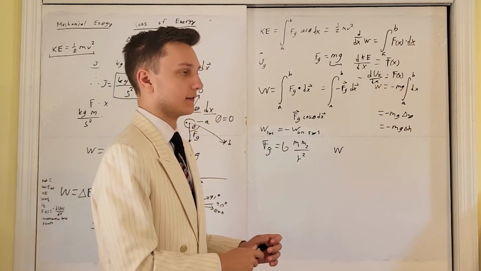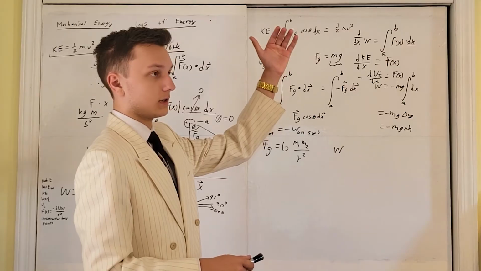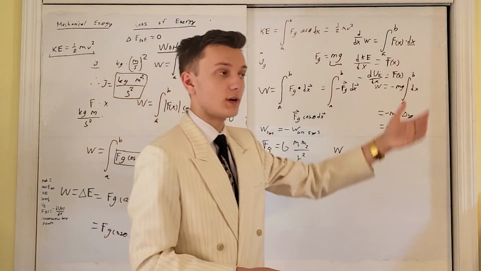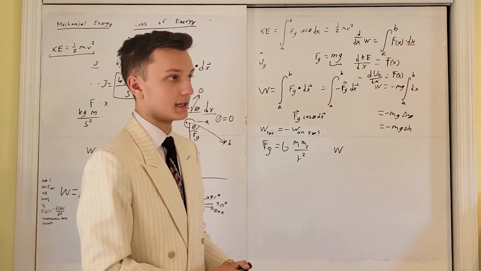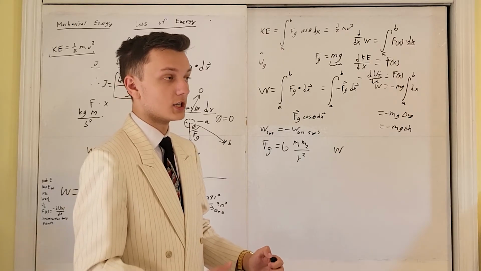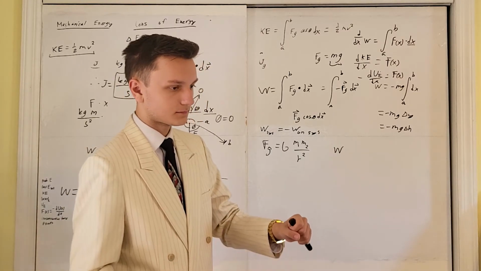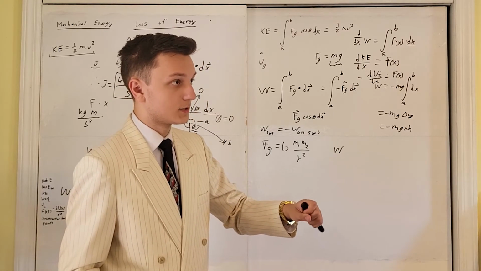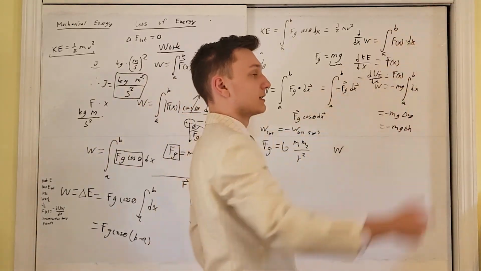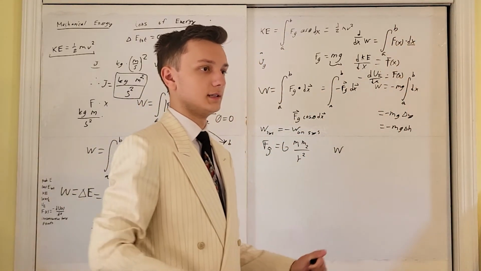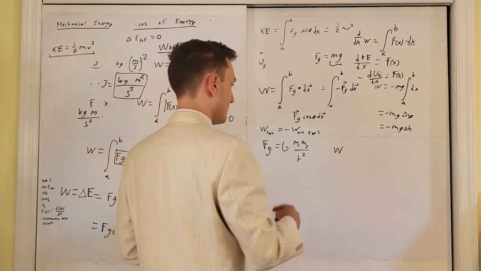Okay, if I want to calculate how much gravitational potential energy the moon has, I'm going to try and calculate how much energy is required to move the moon from the center of Earth out to where it is. So that is going to be the displacement through which I calculate.